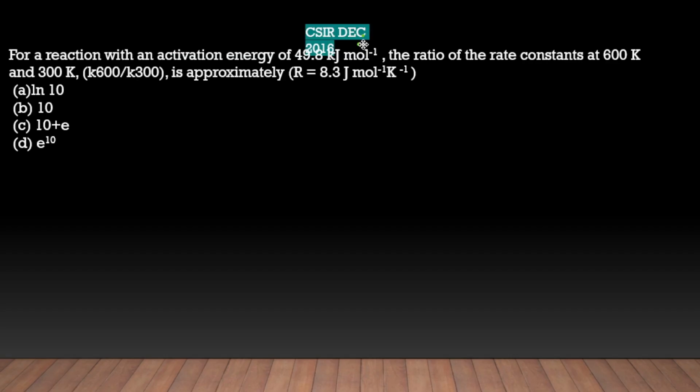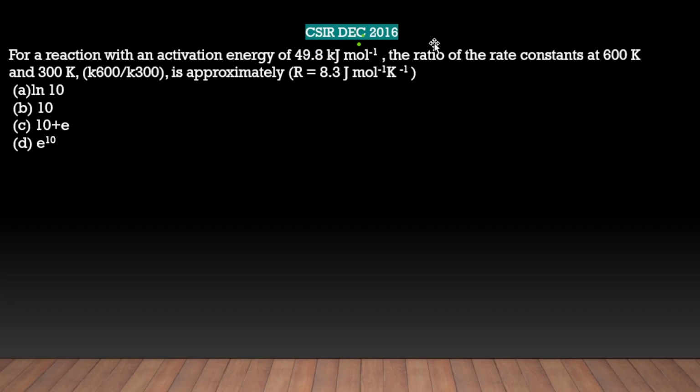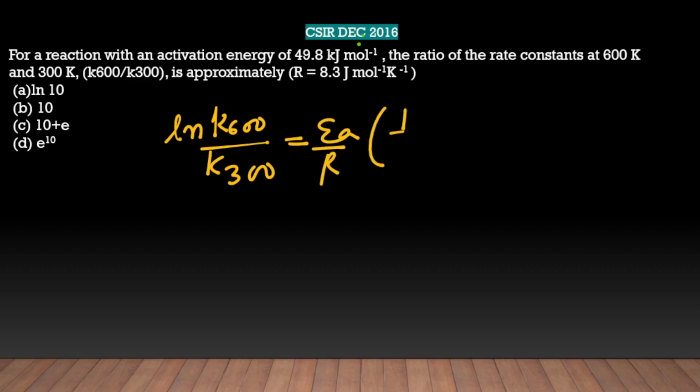The statement says that for a reaction with the activation energy of this much, the ratio of the rate constants at 600 kelvin and 300 kelvin is, so two rate constants are given: natural log of k at 600 upon k at 300 is equal to Ea upon R into 1 by T1 minus 1 by T2. So now this k ratio we have to find out.